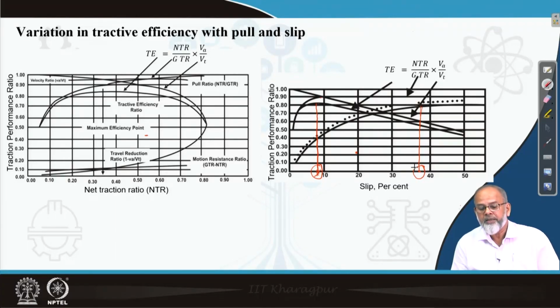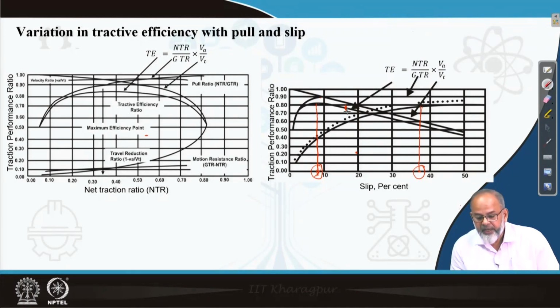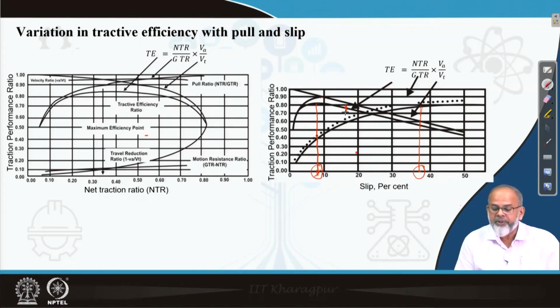If you want to make a compromise between these two, so that neither pull is lost much nor tractive efficiency is lost much, then you have to find a design value, somewhere here, so that not much pull or tractive efficiency is lost. And this design value again depends on different soil conditions. What I have plotted here is only for one soil condition, that is a hard surface.